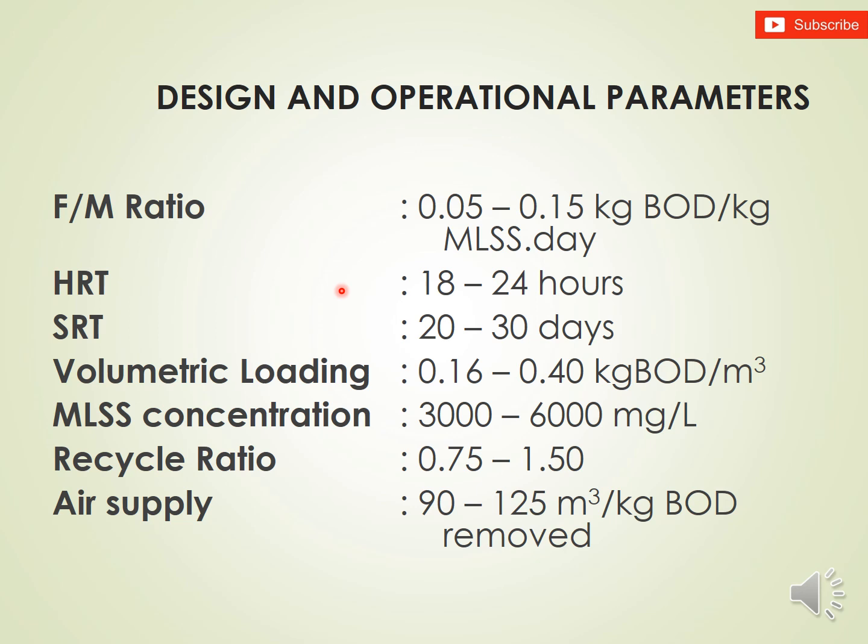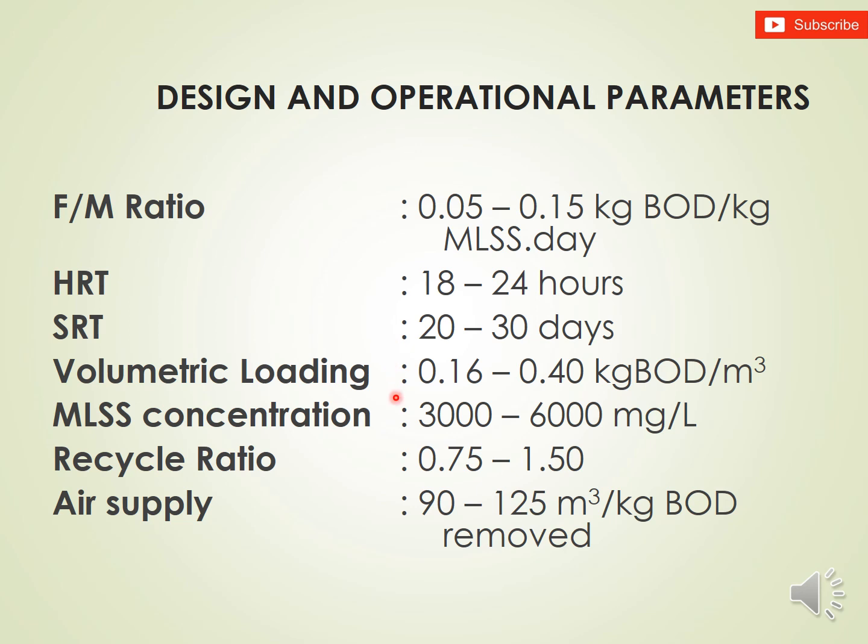Okay, and sometimes it goes more than 24 hours. And sludge retention time, this is the time of sludge spent in the aeration tank. Okay, it's from 20 to 30 days, which is higher than the conventional one.